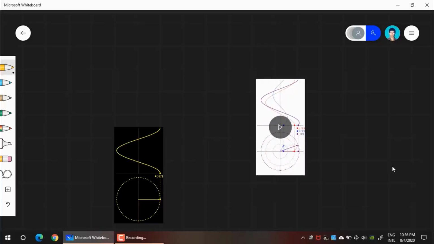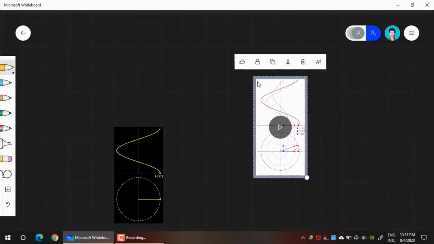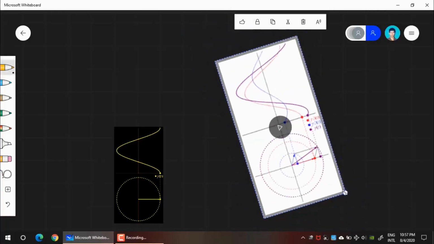But here it is also very important to note that when you have these three waveforms moving with each other, let me zoom it, then you will be able to see it properly.